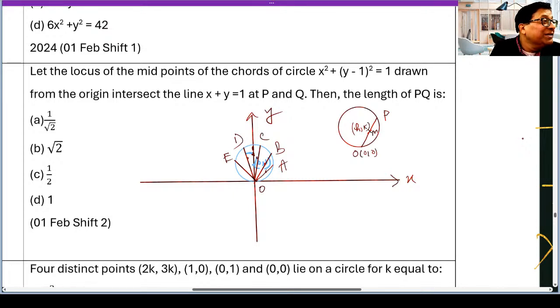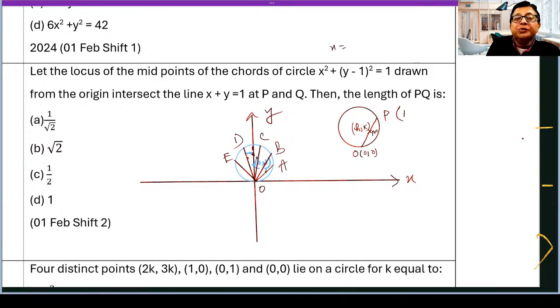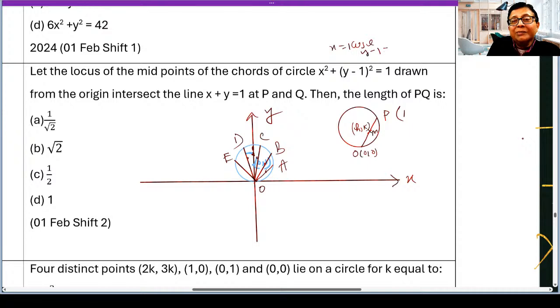I can take x, y, but I know the parametric equation, so I will take the help of that. x equal to 1 cos theta, y minus 1 equal to 1 sin theta. So this point I am taking as cos theta, comma 1 plus sin theta.